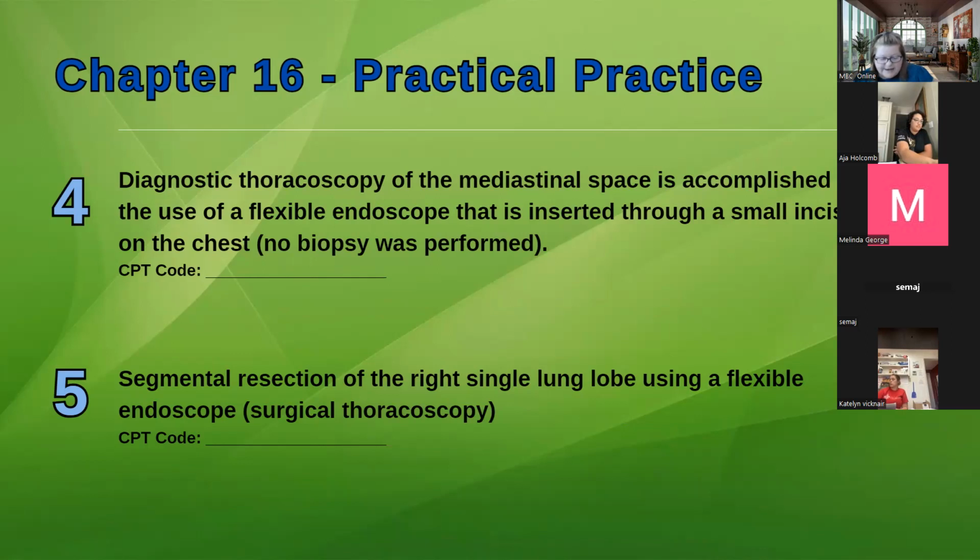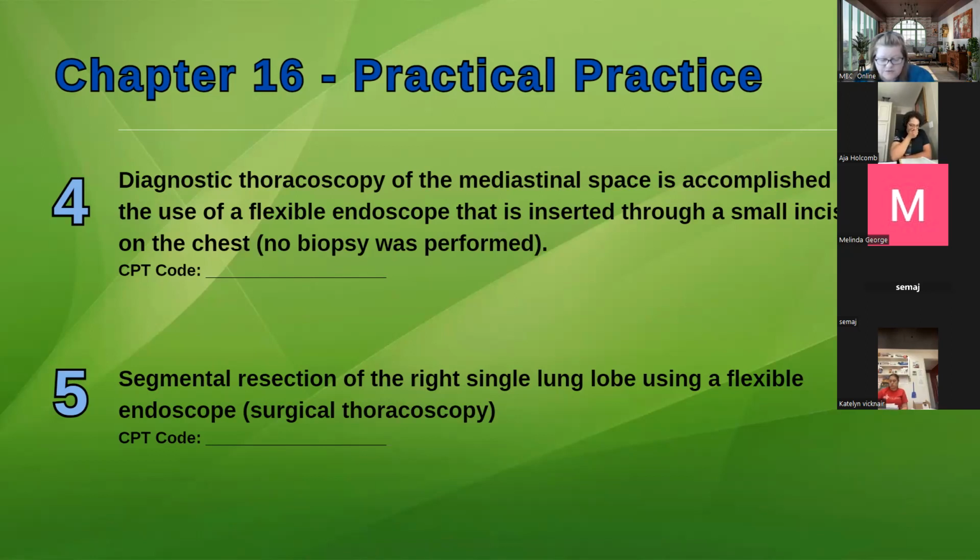Are we gonna run with that one, y'all think? 32601. I think so. I think 32601 is as good as we're gonna get. There's only 5 codes in that section.